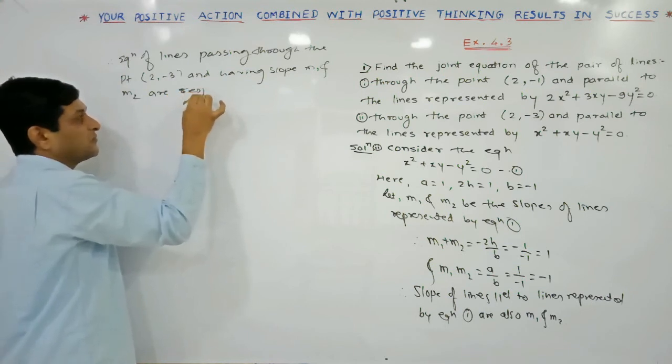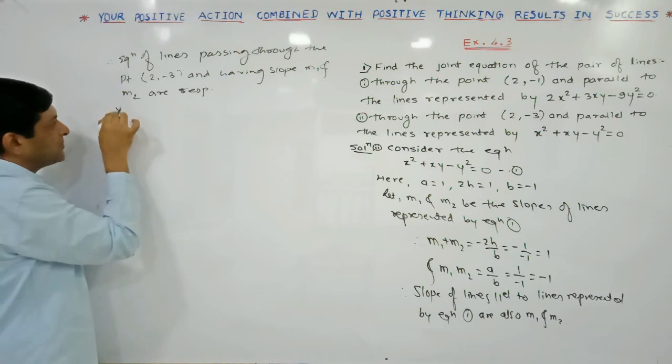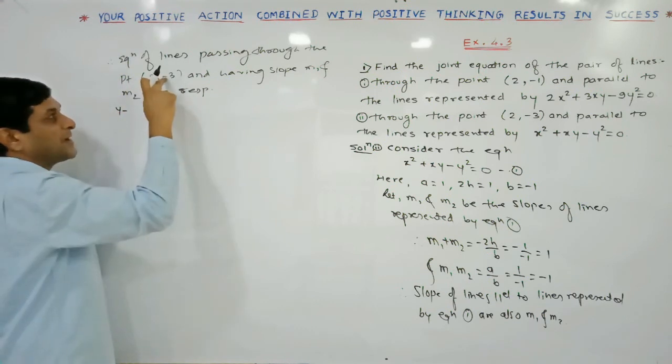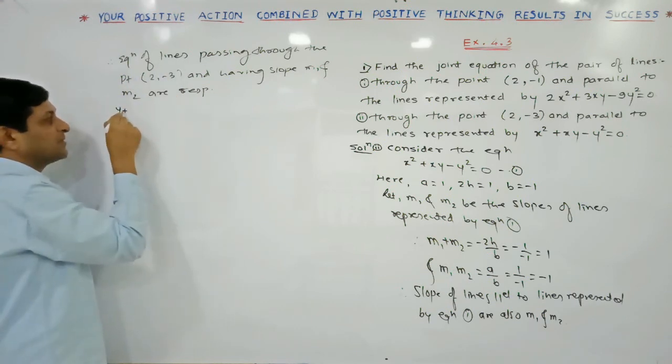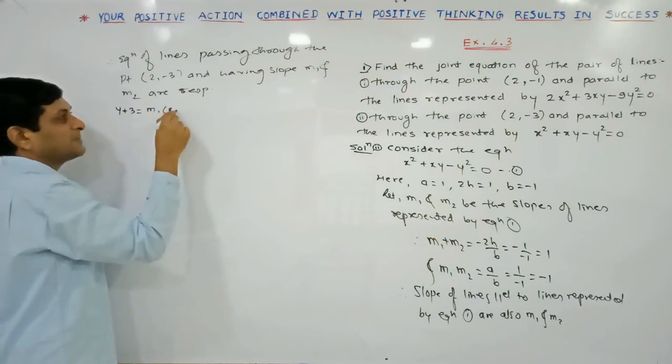So let us try to find out equation of line applying slope point form. What is slope point form? y minus y1. What is y1 here? Minus 3. Minus and minus will become plus 3 is equal to m1 into x minus x1.